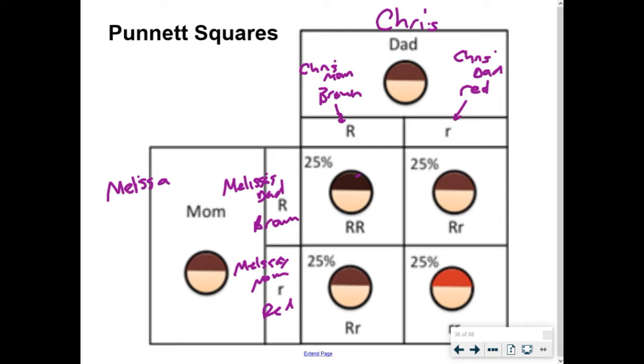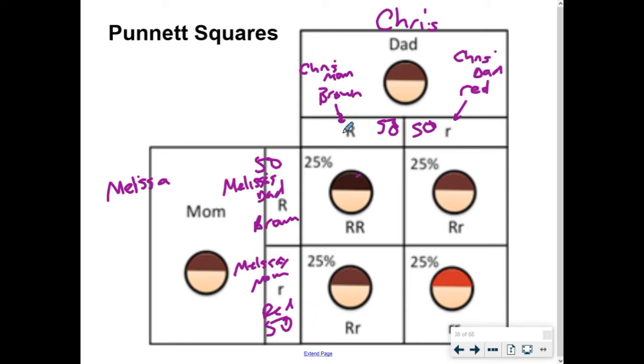But it's basically a 50-50 probability as to whether or not I passed on the brown gene or the red gene, right? And so that's what this right here really means, is there's a 50-50 shot of my cells passing on brown or red. And by that same logic, there was a 50-50 shot of Melissa passing on a brown or red. And so using this square right here, we can kind of write out all the possibilities.